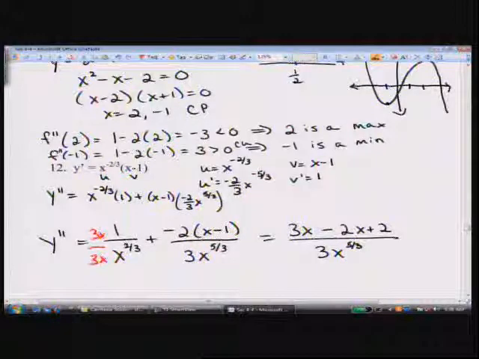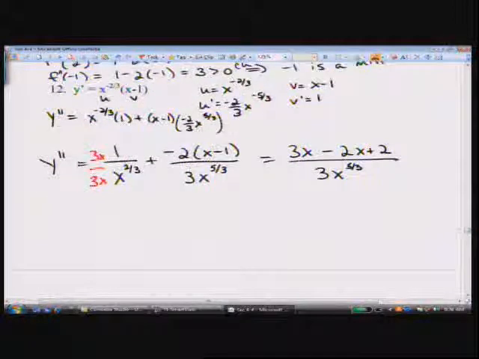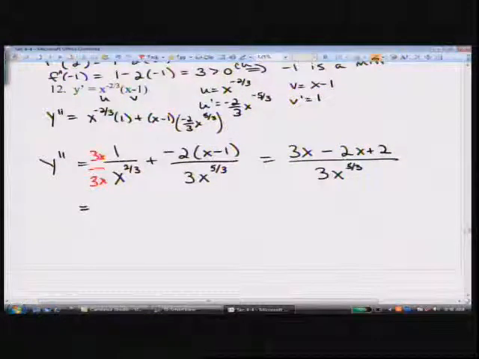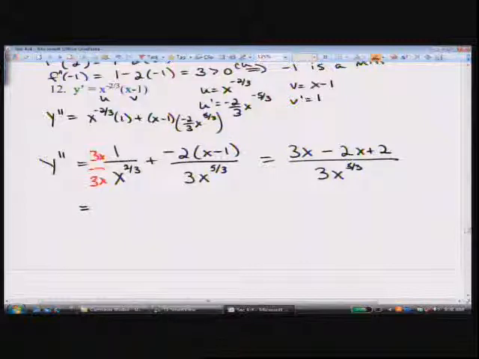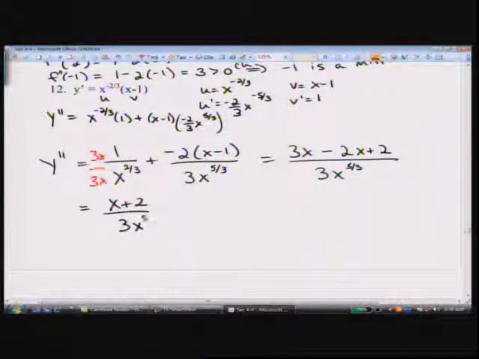Okay, why do we need to get a common denominator? Why do we care about this common denominator? Or to find points of inflection, right? We've got to figure out where this function equals 0, right? You're always looking for where the derivative equals 0. So in this case, this will be x plus 2 over 3x to the 5/3 is our second derivative.